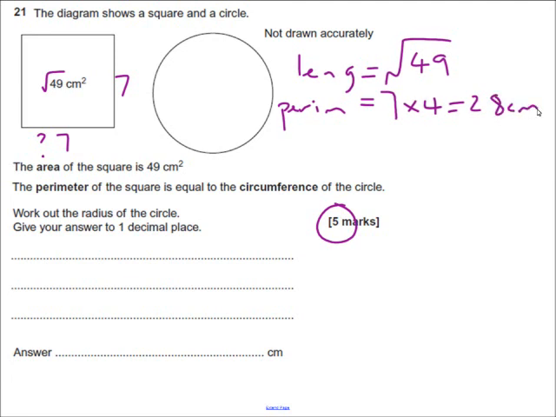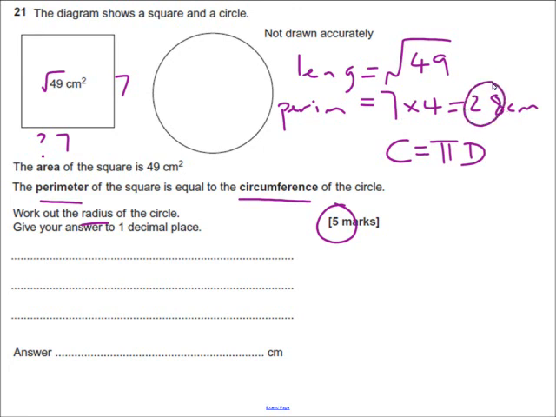centimetres is our perimeter. Now that perimeter is the same length as the circumference. Now as soon as you see circumference and circles, you need to write down the equation. So the circumference of the circle is equal to pi times the diameter. And they're asking us for the radius. So let's just work out the diameter first.